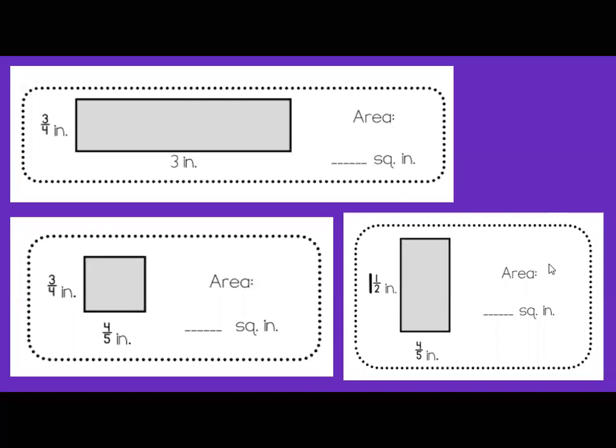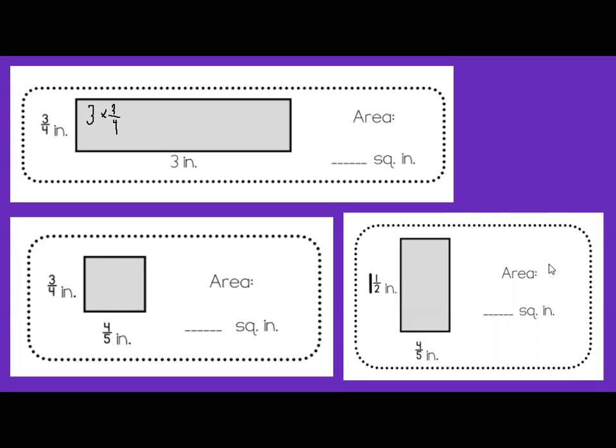All right, let's take a look. We have a couple more examples that we're going to work through. We have a rectangle with a length of 3 inches and a width of 3/4 of an inch. So we want to multiply length times width.